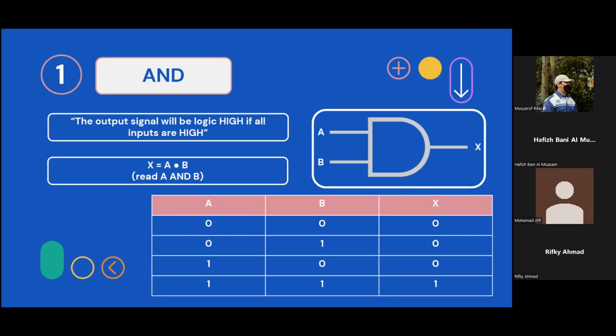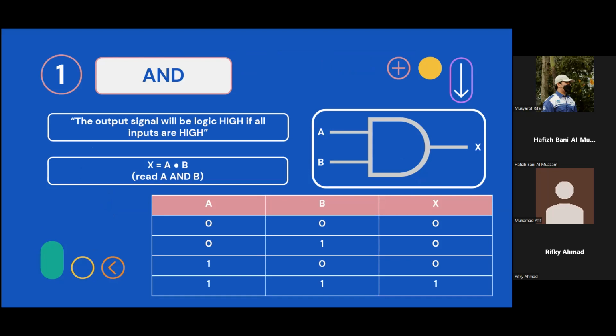Thank you, Brother Asaf, for the time given. The first basic logic gate is AND. The AND gate is one of the basic gates that has 2 input channels. An AND gate will produce a binary output depending on the condition of the input and its function.